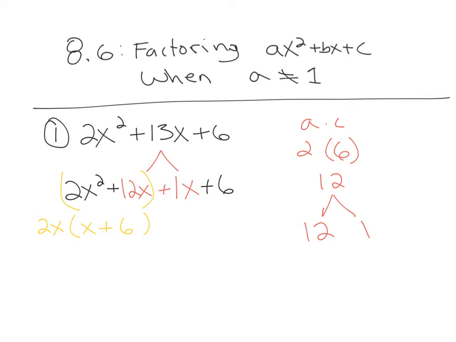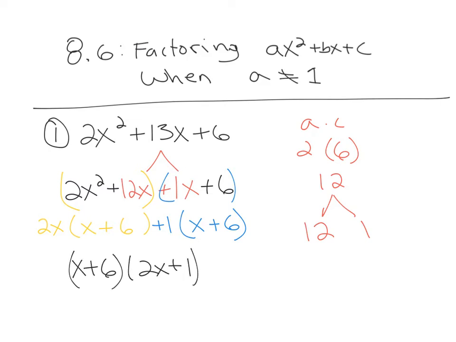With that done, I look at my next group, the 1x plus 6. A lot of us like to say they have nothing in common, but we still need to remember they have a 1 in common. And if I factor out a 1, an x plus 6 remains. Now, I need to write the x plus 6 once, and the 2x plus 1 down as well. My final answer for this problem is circled in the black below.